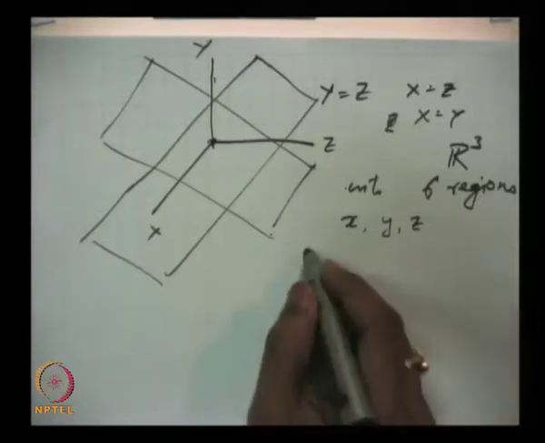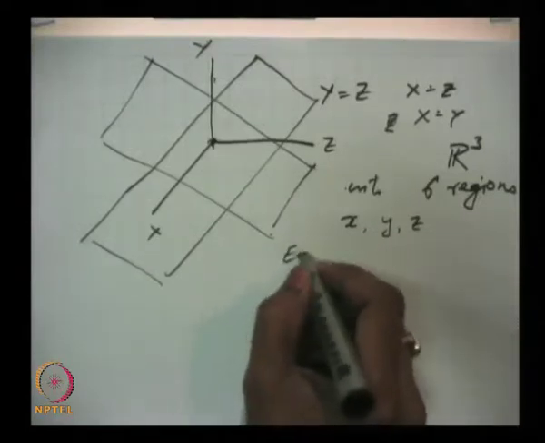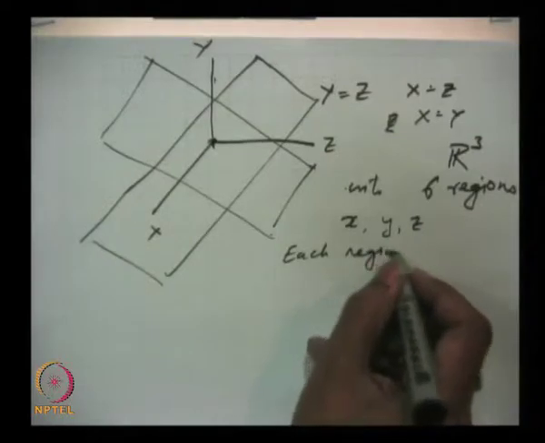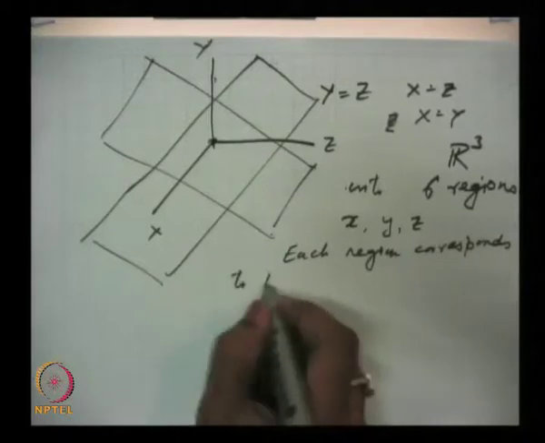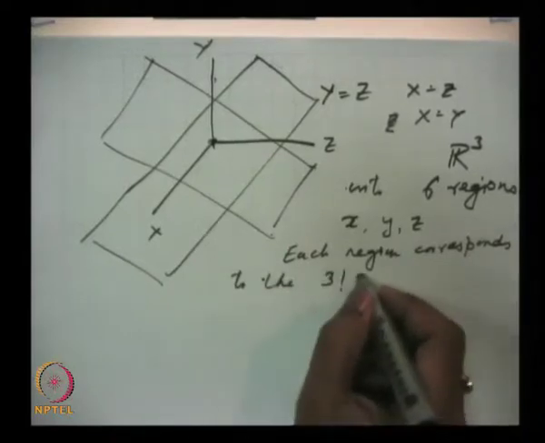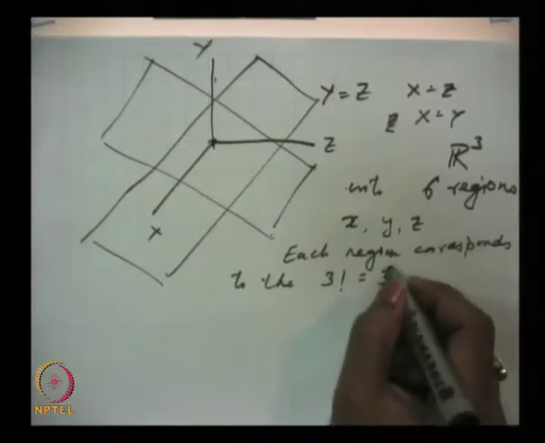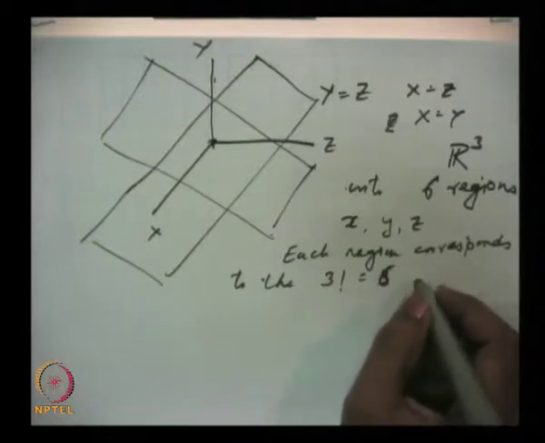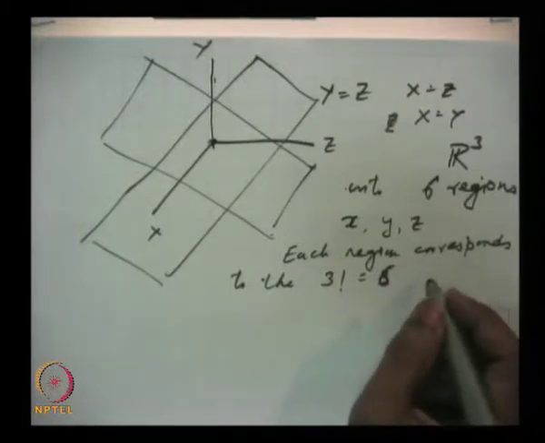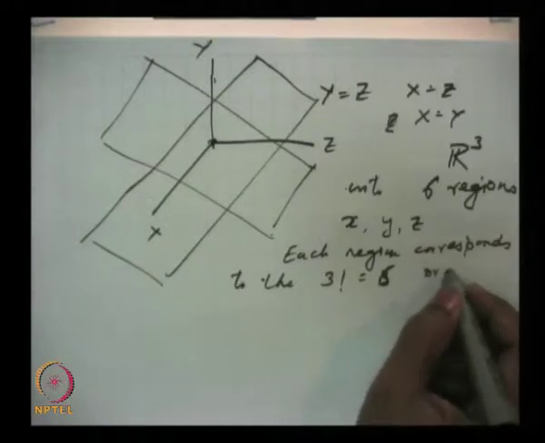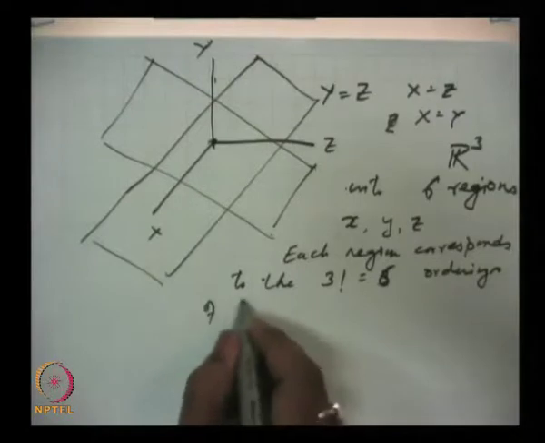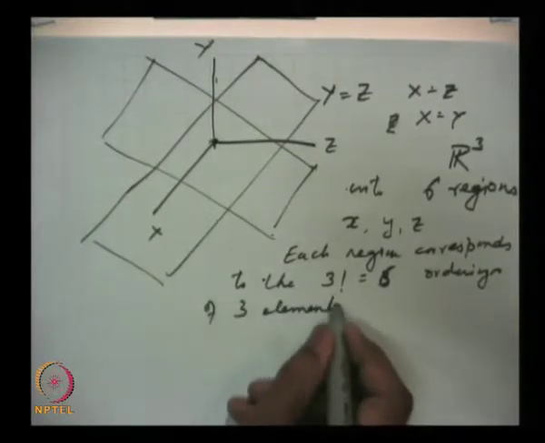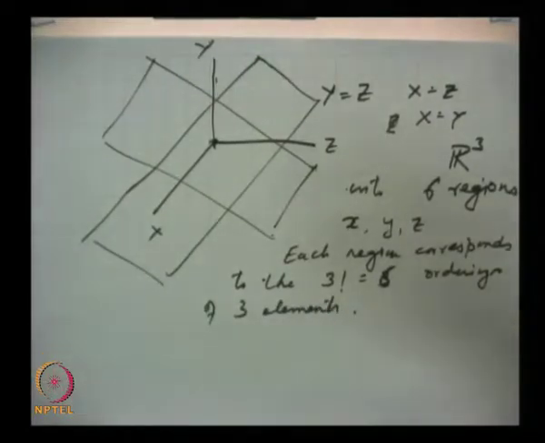So, each region corresponds to one of the 6 orderings of 3 elements. Okay. So, this is in 3 dimensions.